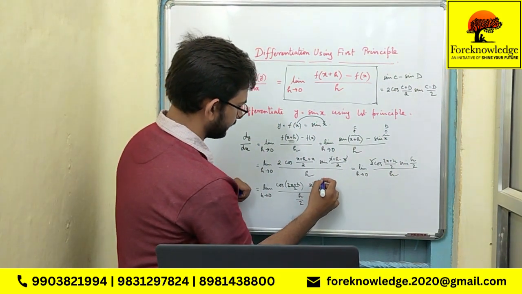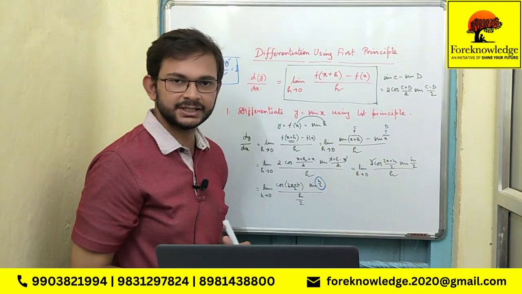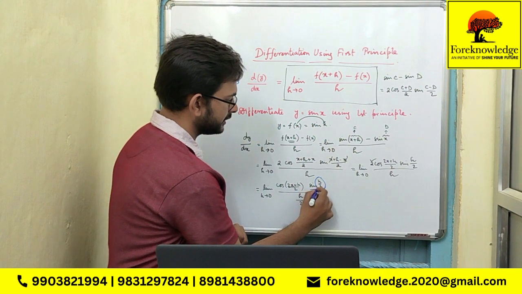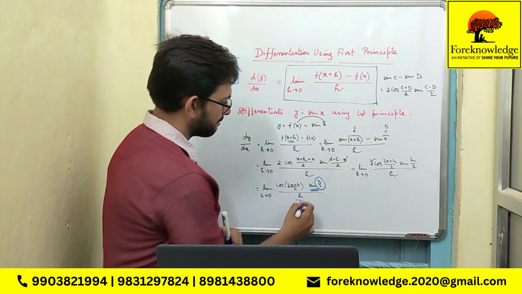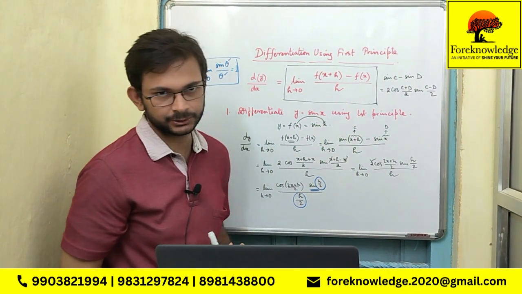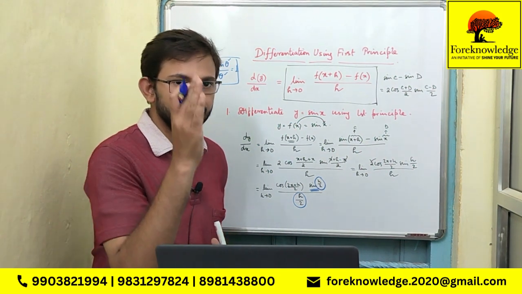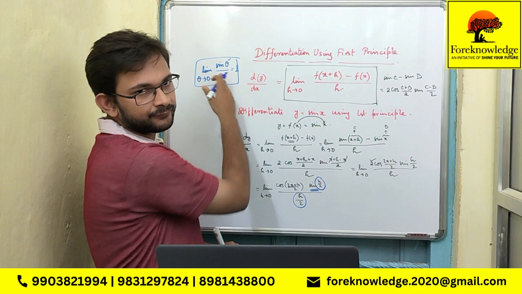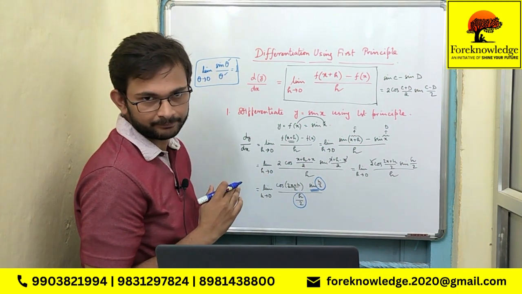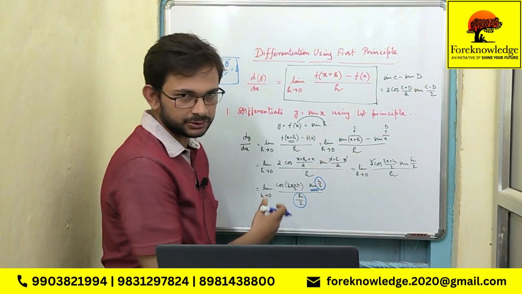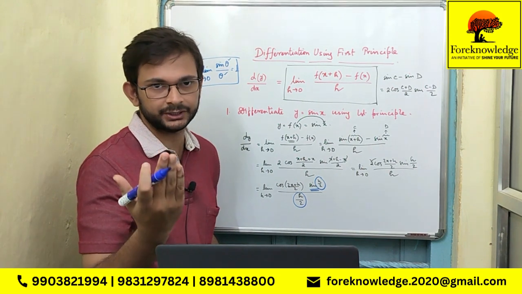So look here, this is h by 2 which is with sine. Here we also have h by 2 in the denominator. Basically we are replicating the formula here. Now as h tends to 0, h by 2 will also tend to 0.